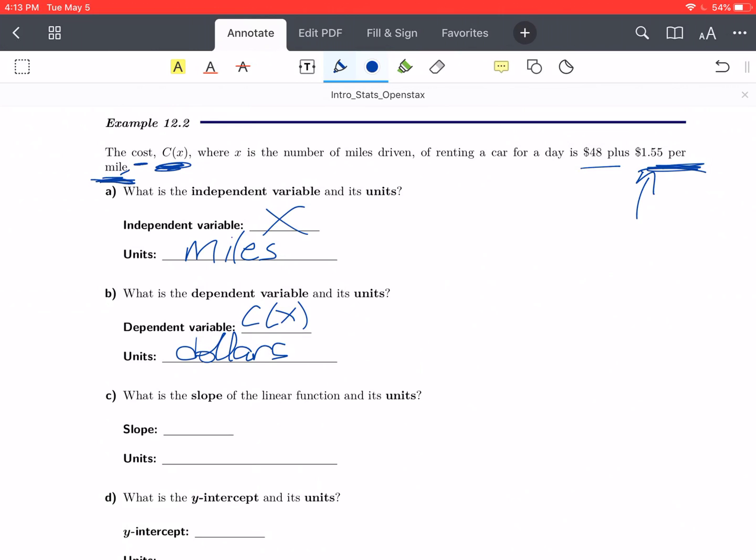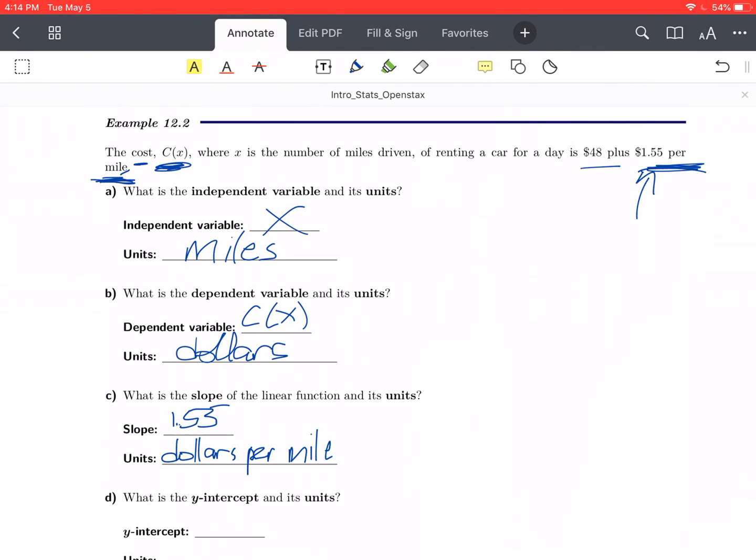So the slope is $1.55, or just 1.55 if we do it numerically. And the units on this are dollars per mile. As the number of miles increases, how does the cost increase? For every 1 mile I put on it, I'm going to incur an additional $1.55 in cost.